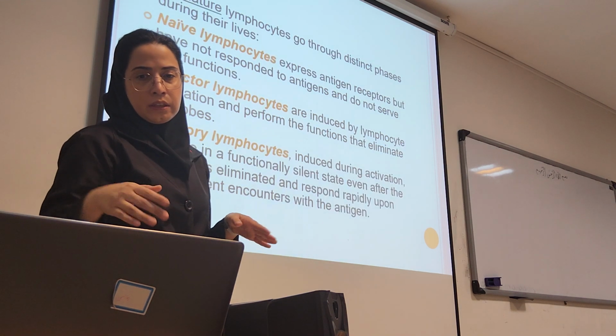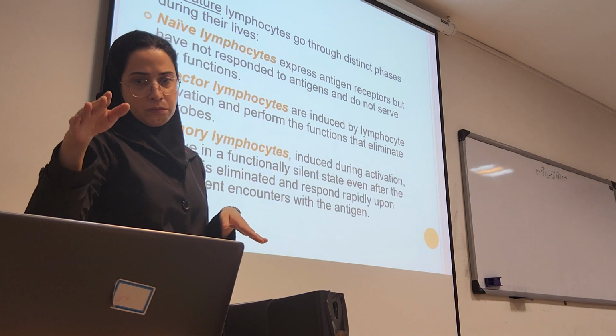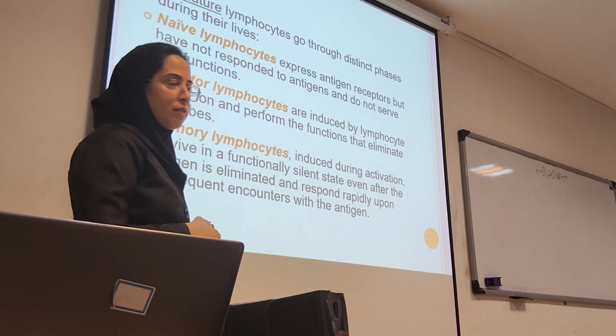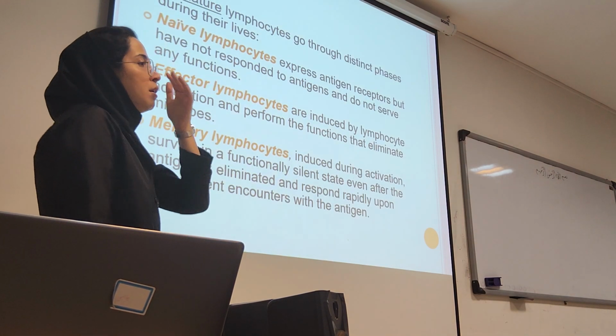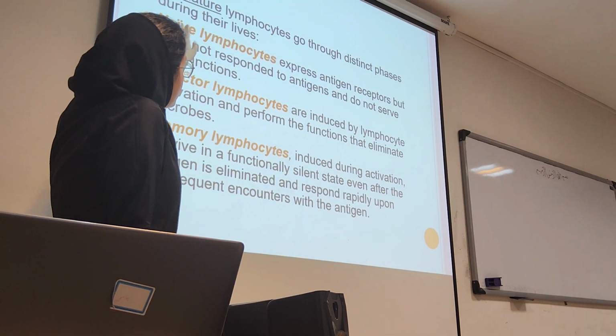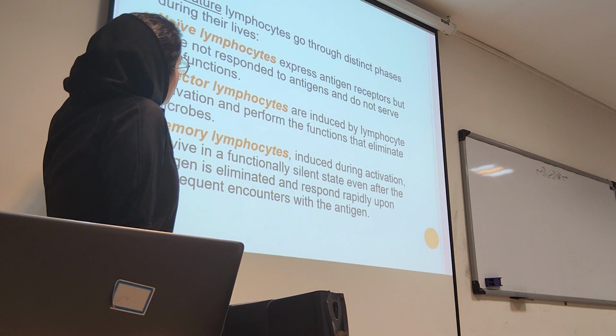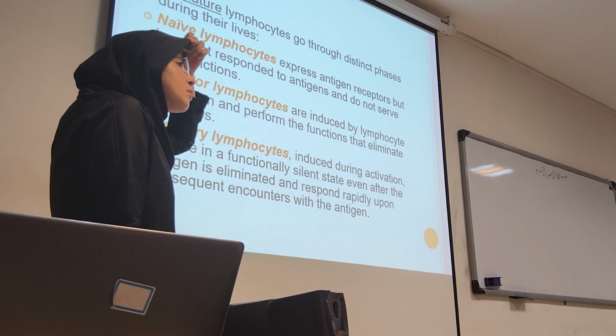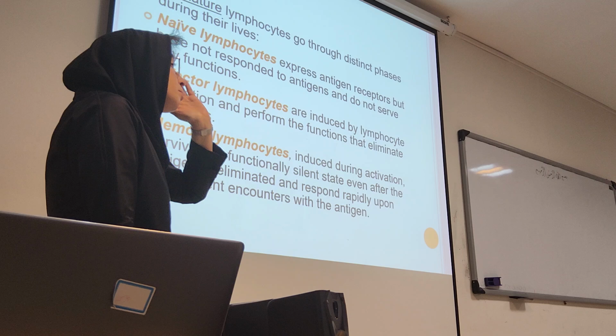So they go to the secondary lymphoid organs, and there, after confronting the antigen, first we have naive lymphocytes, then effector. What are naive lymphocytes? What do I mean by naive? Not before maturation.